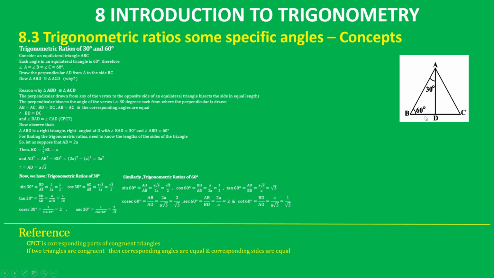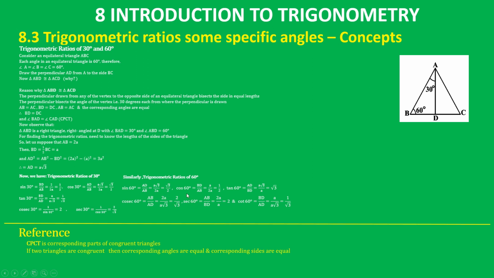Similarly, tan 60 is AD by BD is equal to A root 3 by A, that is root 3. Cosecant 60 you can write like this, or you can say reciprocal of sin 60, but we will write cosecant 60 is AB by AD, that is 2A by A root 3, it is equal to 2 by root 3, which is nothing but reciprocal of sin 60.